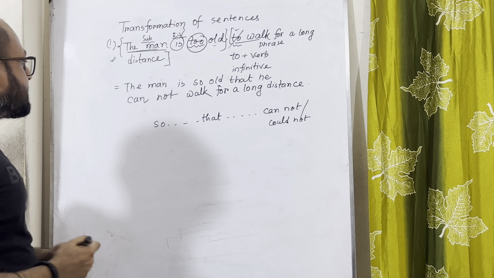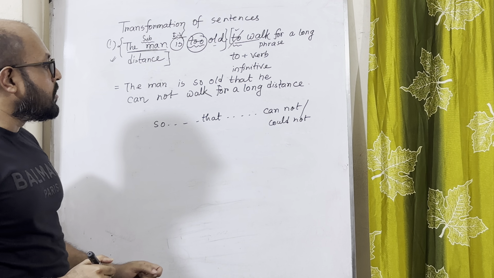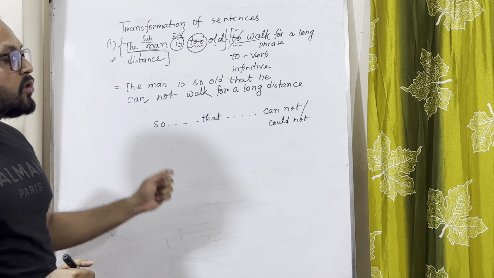So let's read the sentence. The man is so old that he cannot walk for a long distance. So this is my complex sentence. Now I want to make it compound. And as you can remember, in every compound sentence there are only principal clauses, and they are connected by coordinating conjunctions.